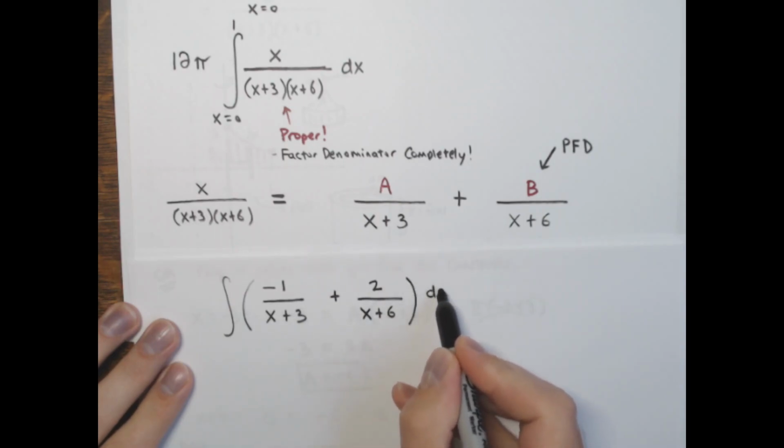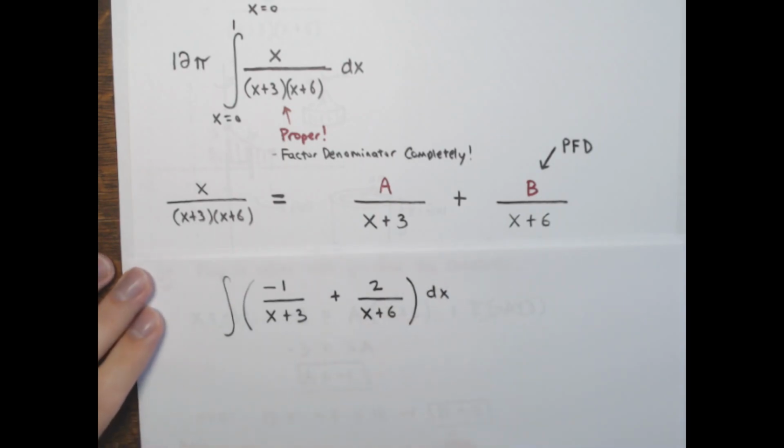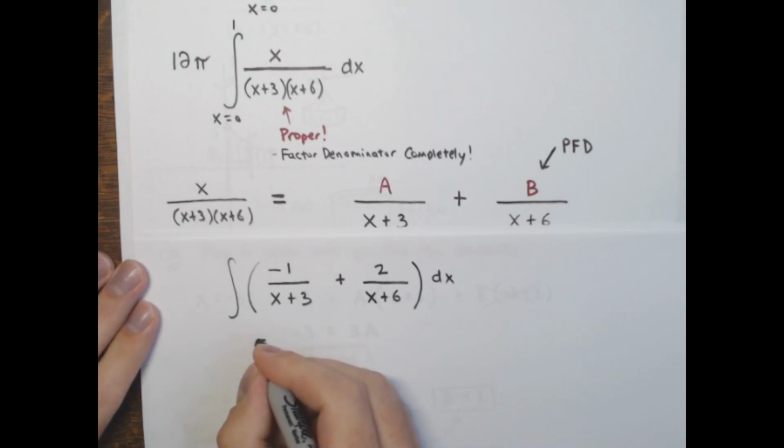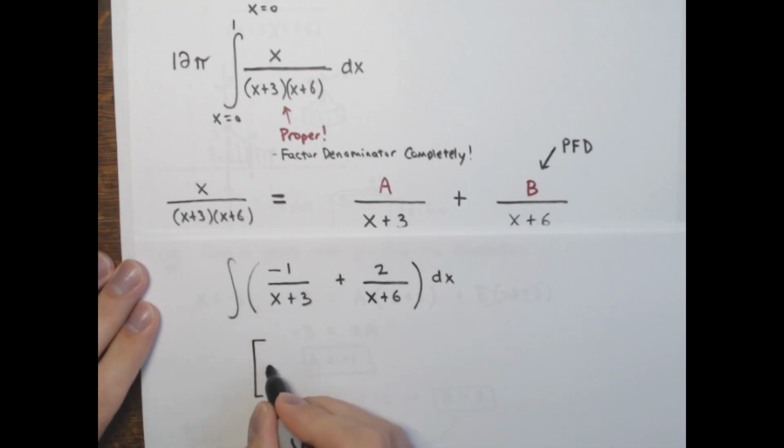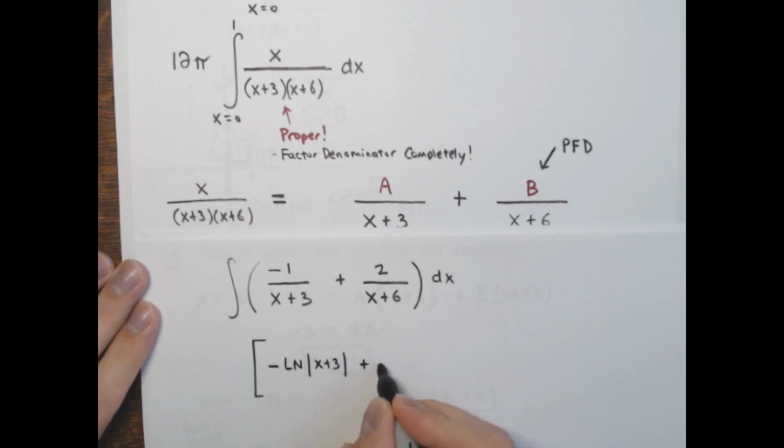We're doing this integral now, which is a lot easier. And so the antiderivative is easy, right? These are linears with coefficients of 1 on the x. So this is just negative natural log of the absolute value of x plus 3 plus 2 times the natural log of the absolute value of x plus 6.